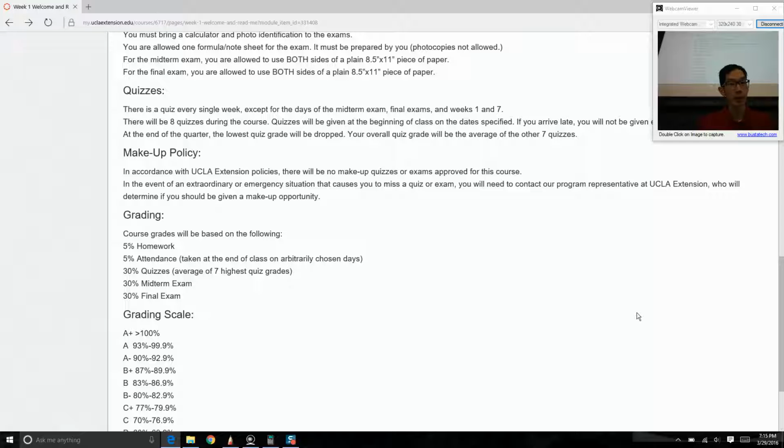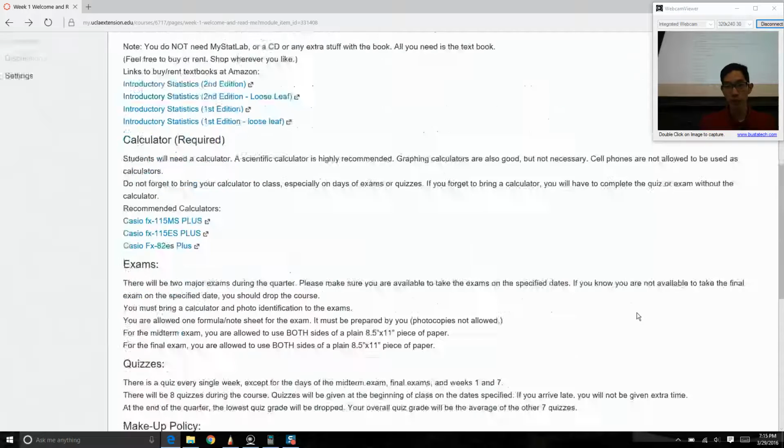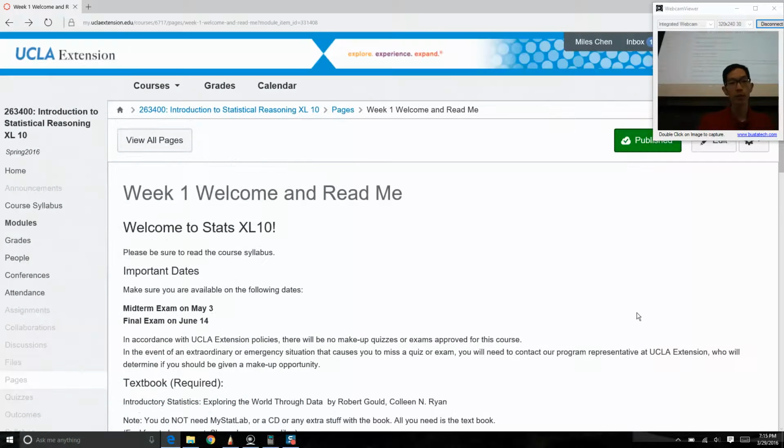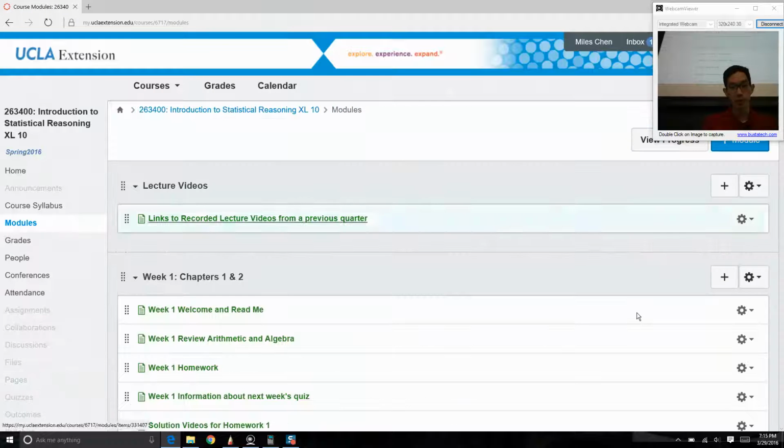As far as homework goes, I assign homework every week, and you can find those under modules. If you are enrolled in the class, you should have access to Canvas, which is my.uclaextension.edu. Under modules, you'll see different stuff.